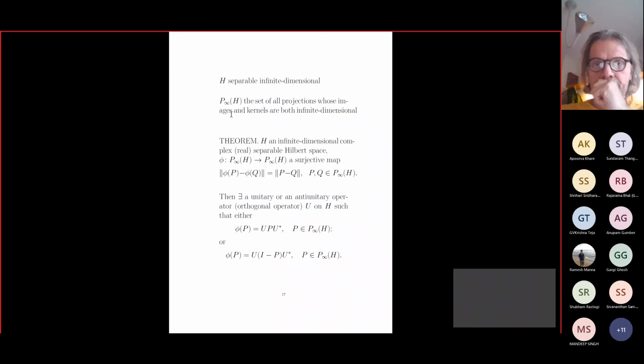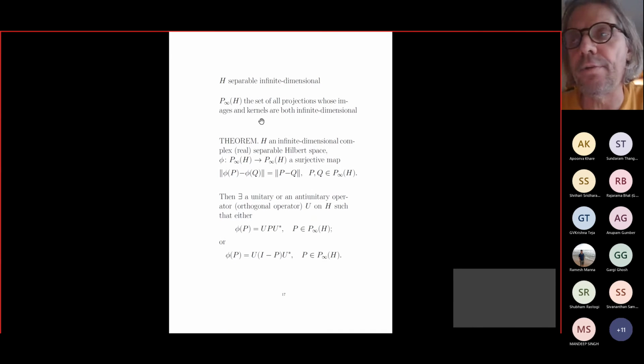So if we have a separable infinite dimensional Hilbert space, we denote by P infinity the set of all projections whose image and kernel both have to be infinite dimensional. Of course, if you take all those projections where kernels are finite dimensional, then you just consider orthogonal complements and you reduce this to the previous problem. So this is the only remaining problem.